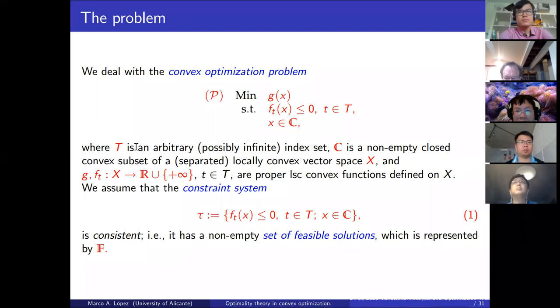The index set in principle is arbitrary. I will provide conditions in which I have to be more precise, providing certain structure to capital T. And the functions are defined in this locally convex space.